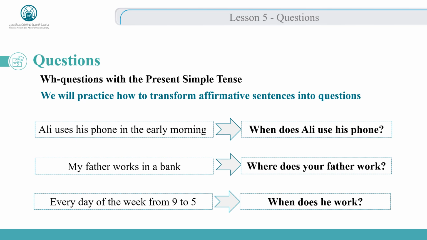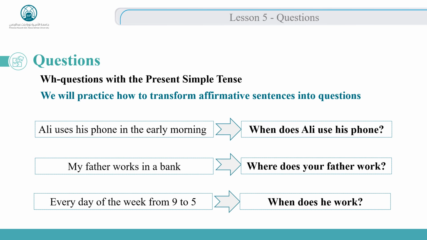We can ask about the place, here using where. And we can ask about the agent, who works in a bank? And the answer will be, my father works in a bank. And we can ask about the action. What does your father do in the bank? Father works in the bank.